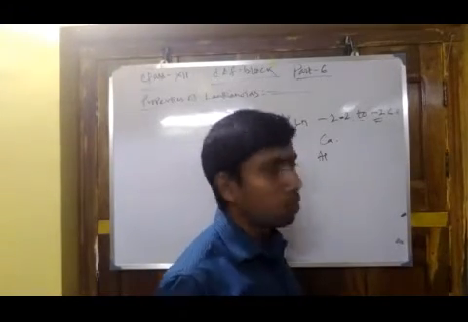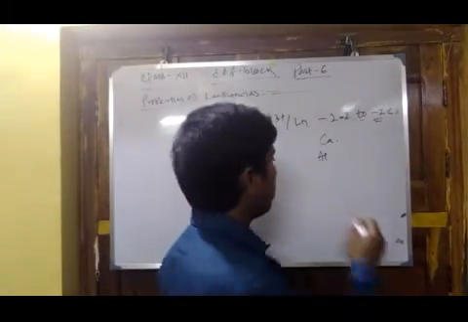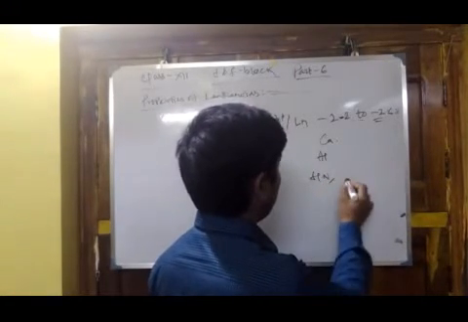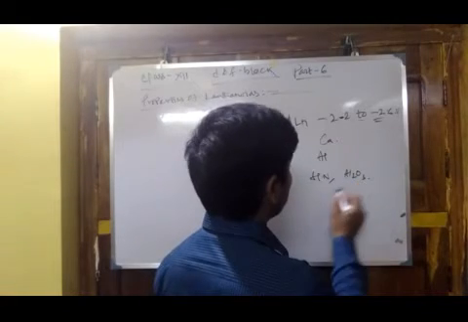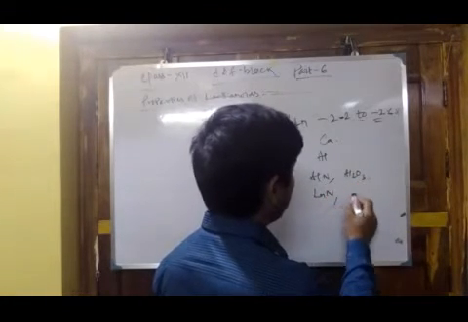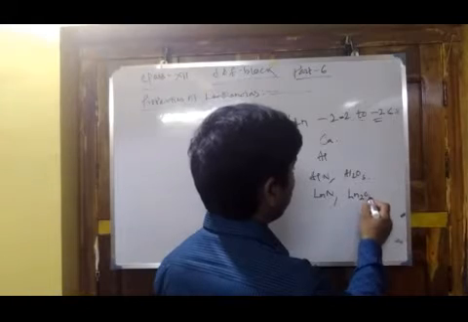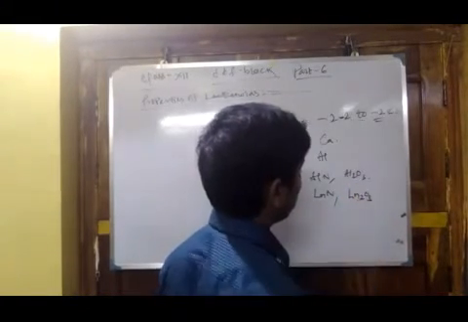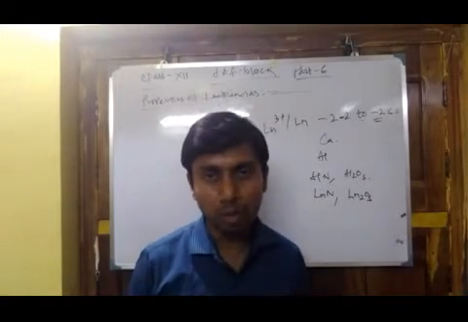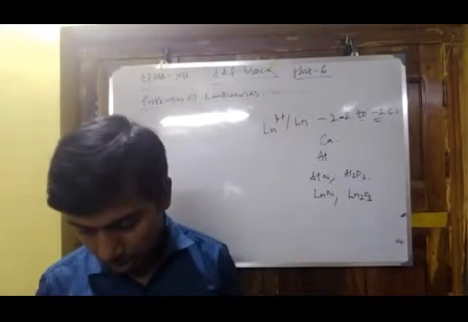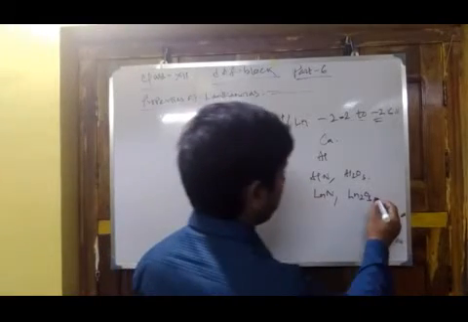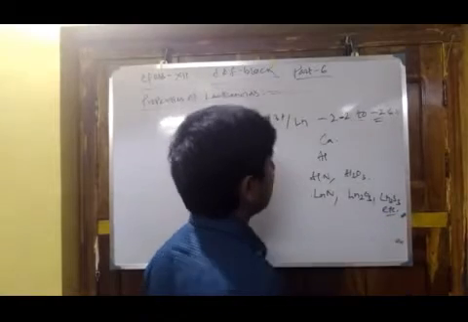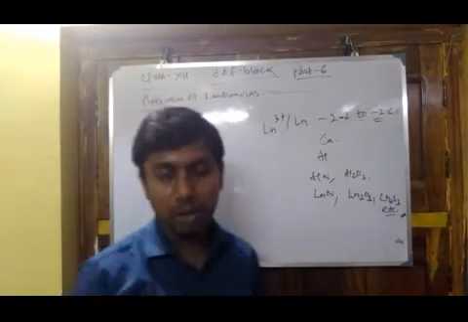As they behave like aluminium, compounds like aluminium nitride and Al2O3, here also lanthanide nitride, Ln2O3, these kinds of compounds, and also sulfides like Ln2S3, etc. These are the chemical reactivity compounds.